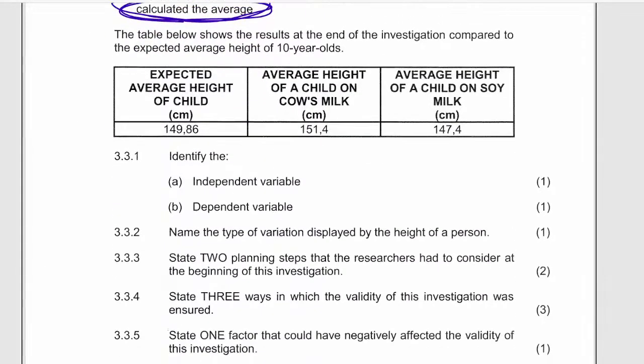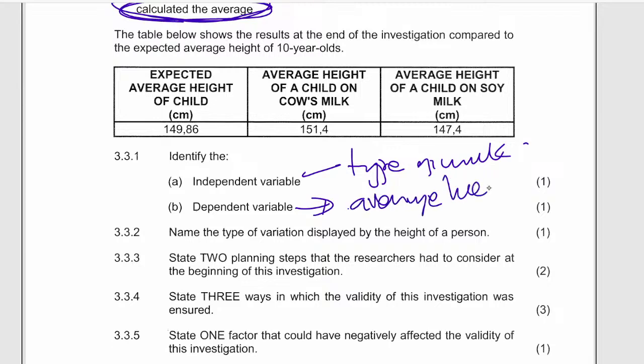So the independent variable is the type of milk given to the child, and the dependent variable will be the average height of children.